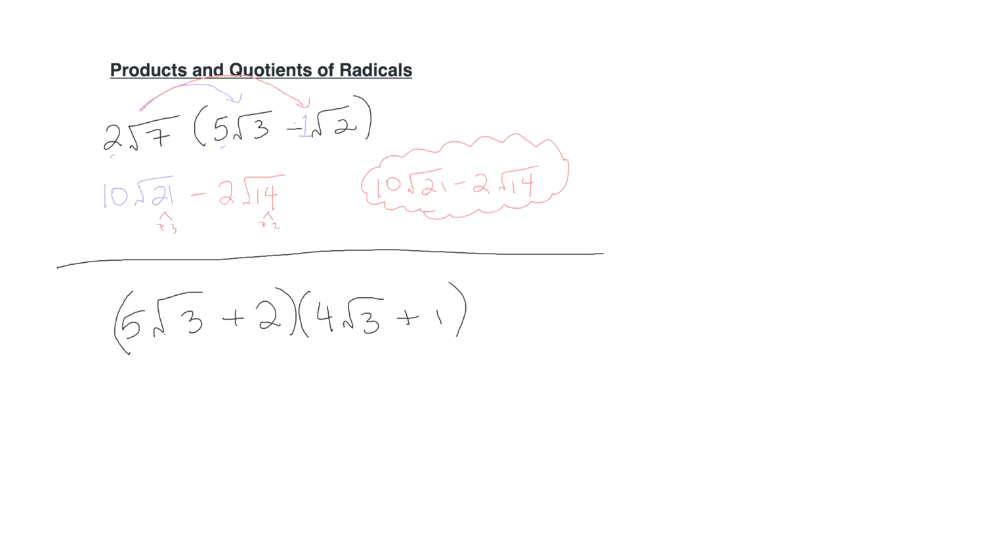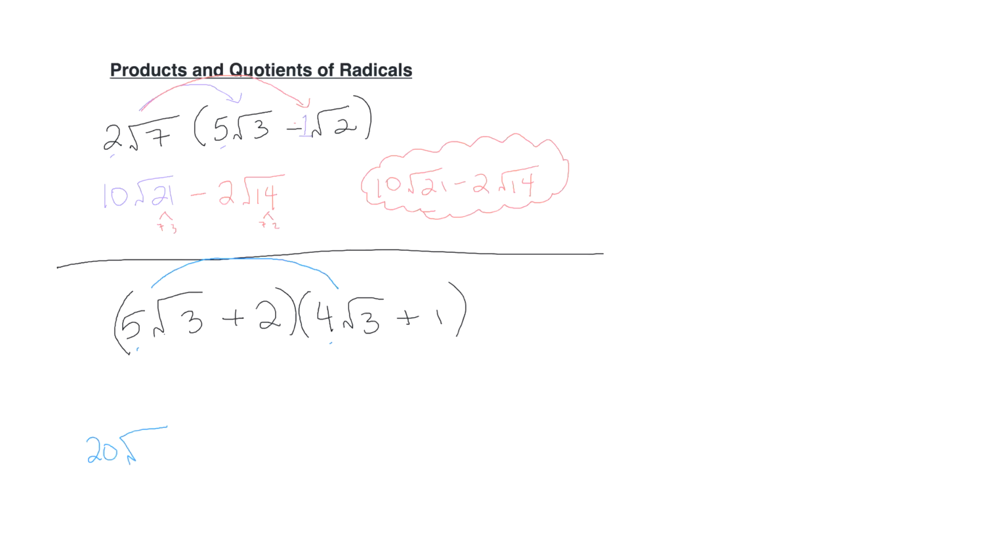So this is gonna be the same concept, outside times outside, square root times square root. But you're just gonna have a lot more terms. So the first one times the first one: 5 times 4, 20.